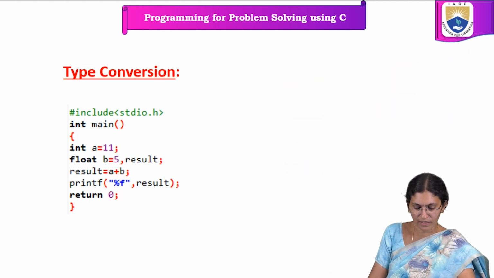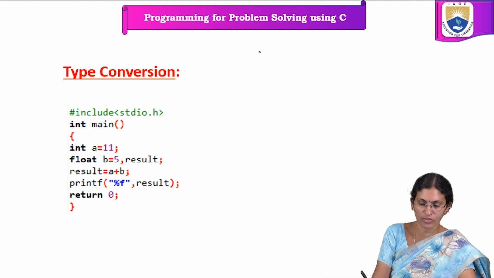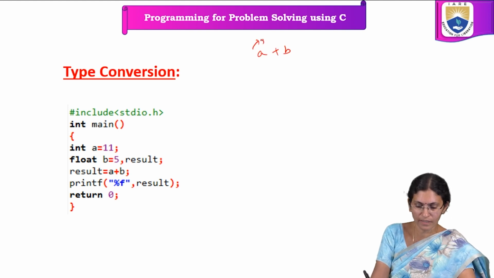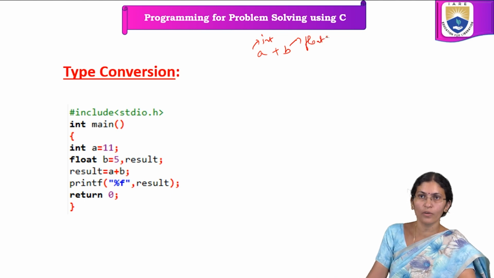Similarly, we can consider one more example. Suppose instead of two integers, we want to add two numbers, where one is an integer and the other is a floating point number, or real number. Here we have two variables a and b.